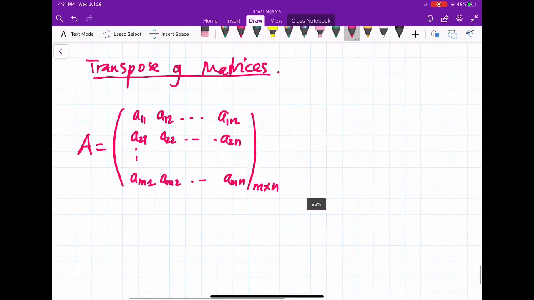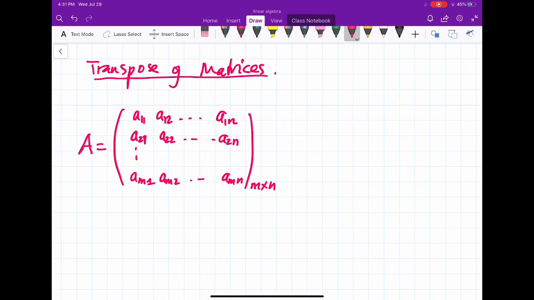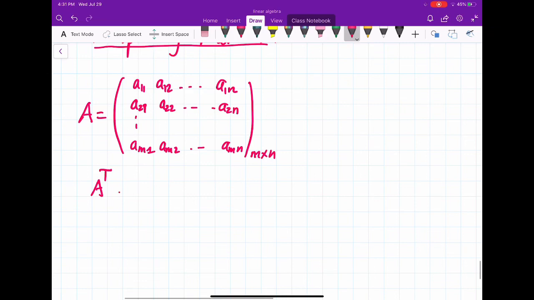So what is the transpose of A? The transpose of A is denoted by A with the T on the top, okay? So that is what? That is A11, A21, and so on, Am1.